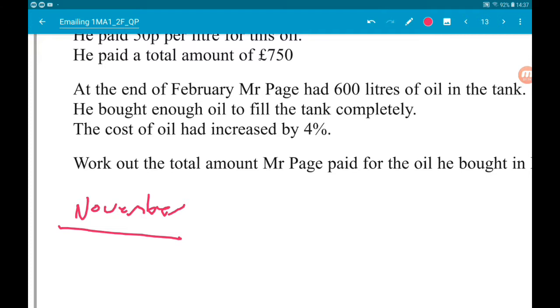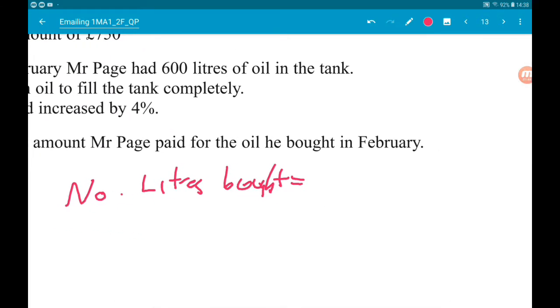So, he paid 50p per litre for this oil, and he paid a total amount of £750. So the number of litres bought is £750 divided by 50p.